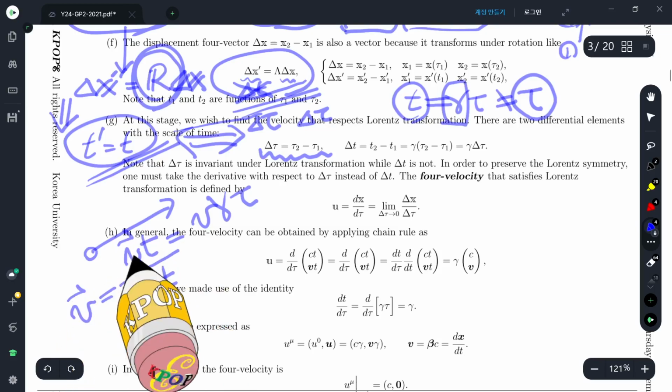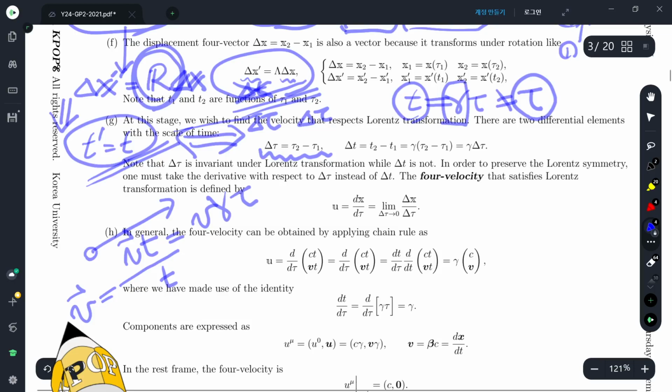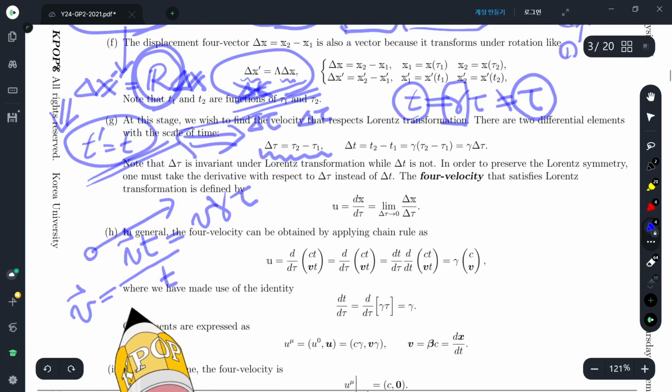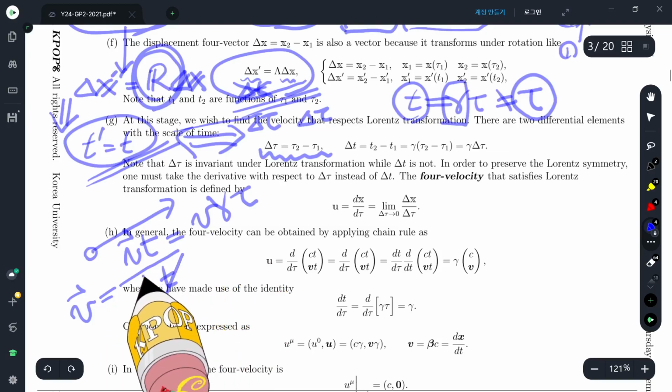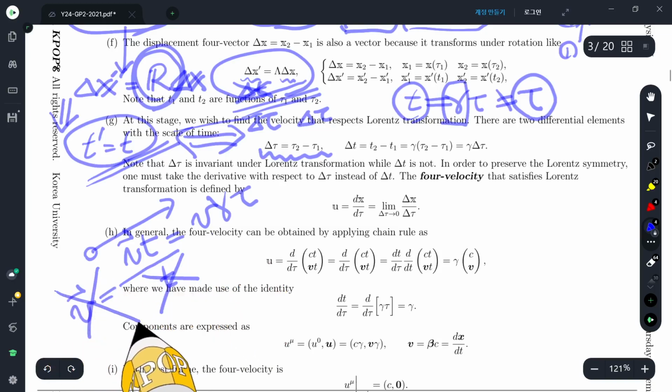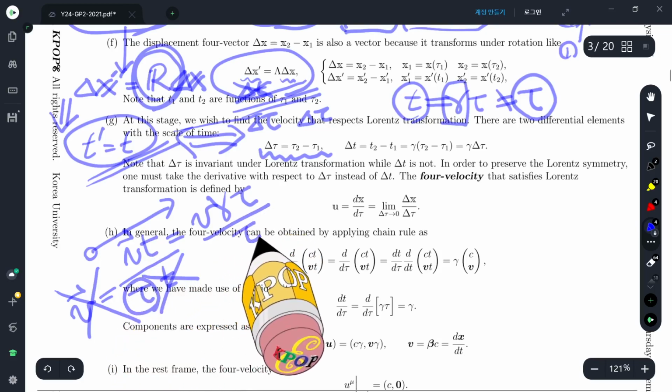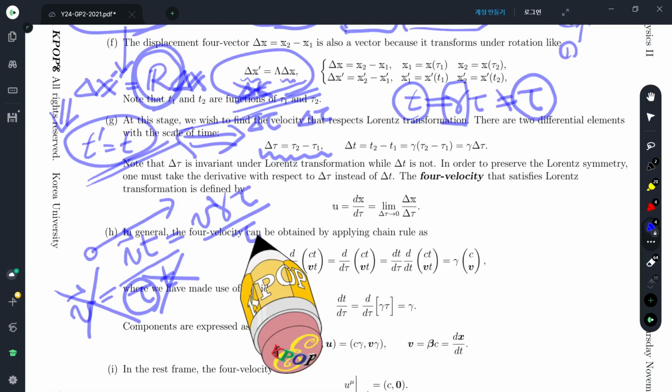But that is not the 4 vector. Instead, what I have to do is divide this one by, instead of t, tau, to find the Lorentz covariant 4 vector out of the displacement.